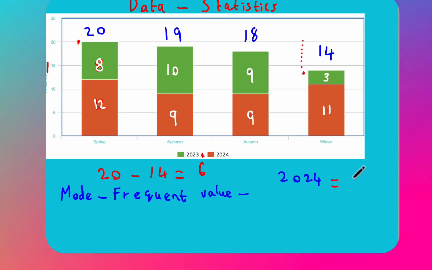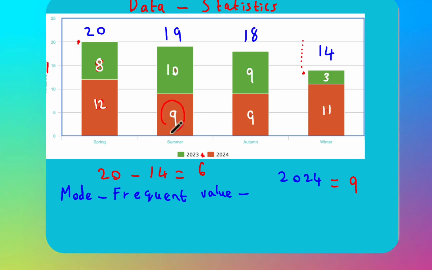Our answer equals 9. 9 is the most frequent value that the person scored. In this case, we could even say that 9 is their lucky number. If we were to separate our graph into 2023 and 2024, we would still say 9 in 2023 that we could add to the value of the amount of 9s in 2024. It's without doubt that 9 is our mode for this year. We cannot, however, find a mode for the total.